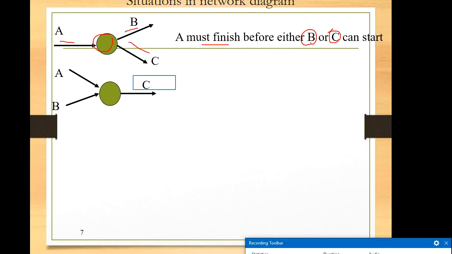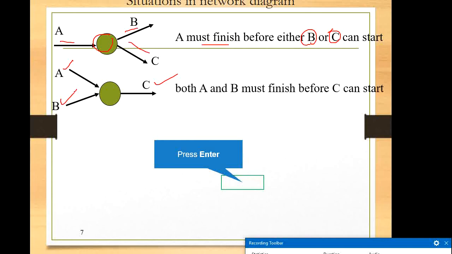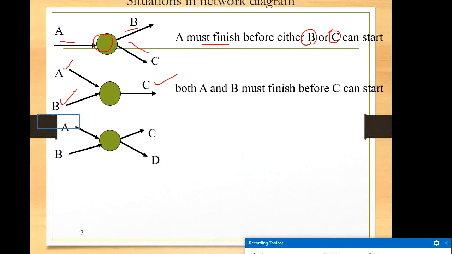Then suppose this is another way. To start C, you must ensure both A and B are finished. Here you can find two activities and here two more activities.